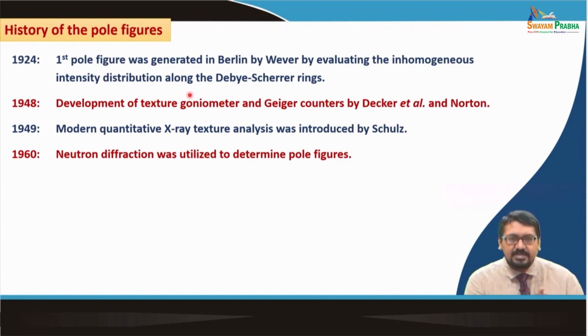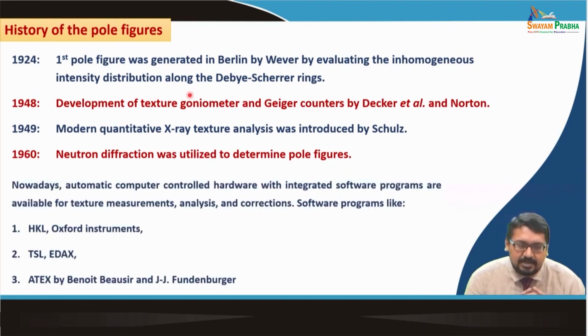In 1960, neutron diffraction was introduced and was utilized to measure pole figures for transmission goniometer geometry.